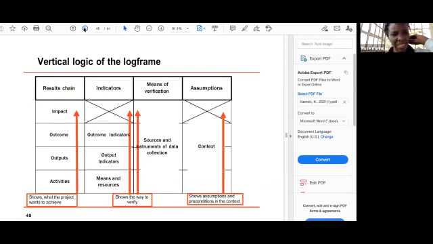Now, if you look at our result chain or the log frame matrix, we have the result chain in terms of the activities will give us the outputs, the outputs will give us the outcome, the outcome will give us the impact.